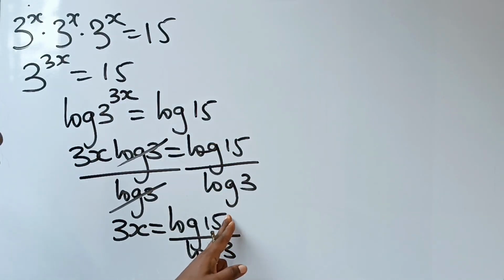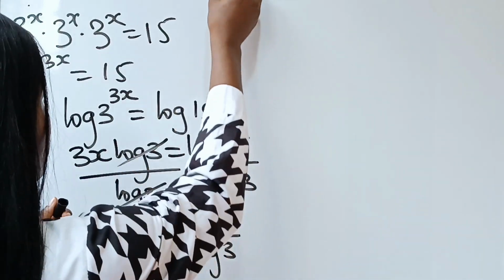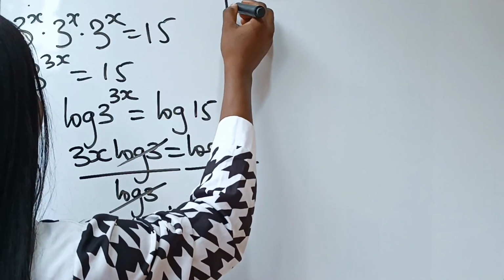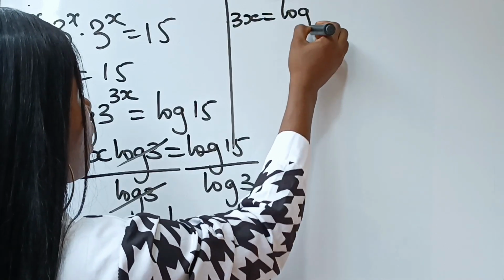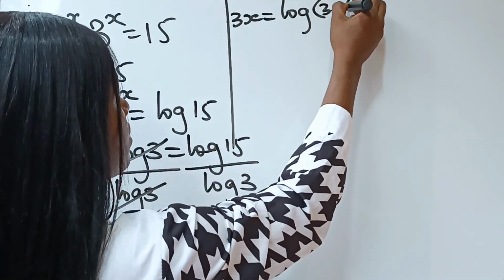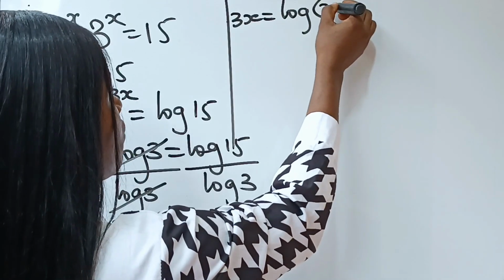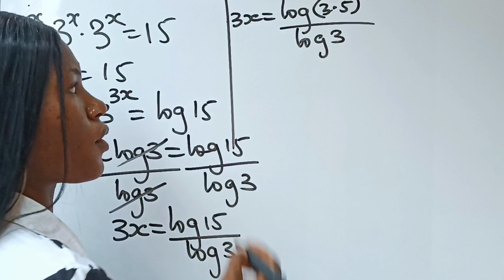Now let's express 15 in terms of 3. So we have 3x is equal to log 15, and in terms of 3 that will be 3 times 5, right? 3 multiplied by 5, divided by log 3.